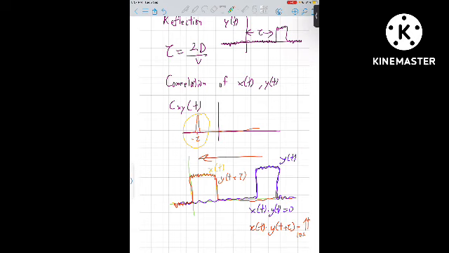Is this clear? This is how it worked in the radar situation. Okay, good. So this was a small application, and let me do a small numerical.